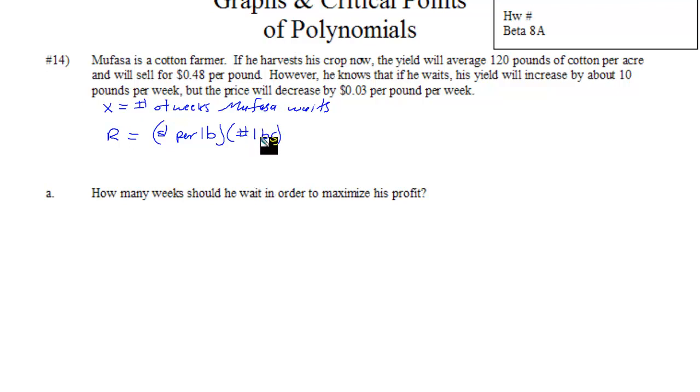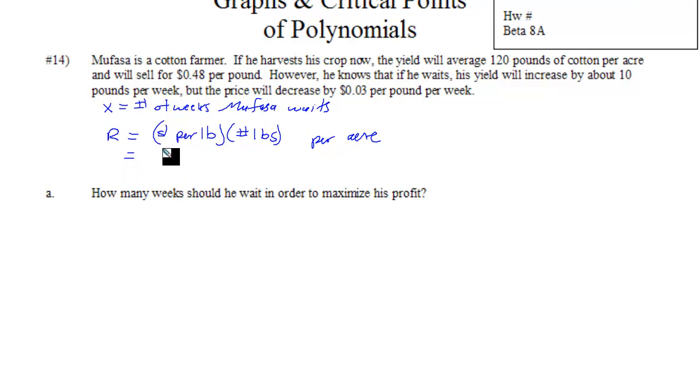And in turn, you'd multiply that by how many acres. But it doesn't tell us how many acres he has, so this revenue would be per acre. Once again, this is not how you do the problem. I'm just trying to explain the process here.